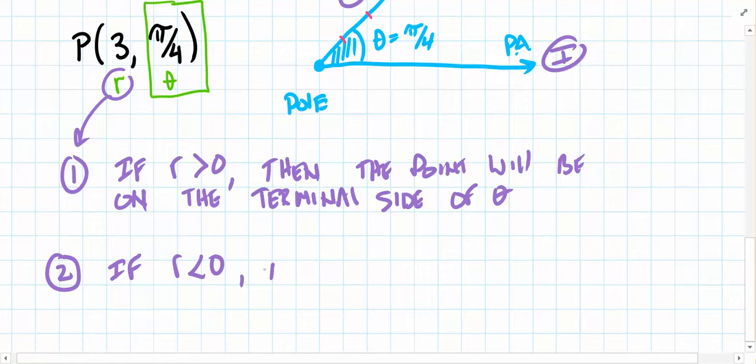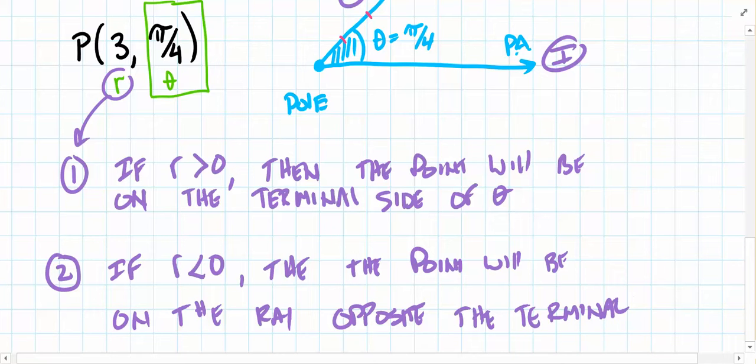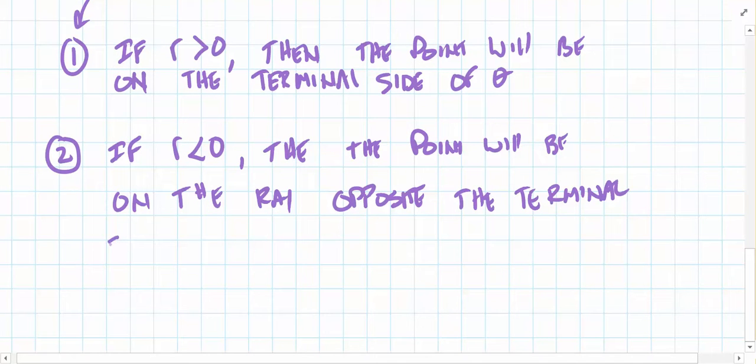Then the point will be on the ray opposite the terminal side. Yep, even though the angle's going up, it'll be on the ray opposite the terminal side of theta. So these are the 2 things to consider for this one.